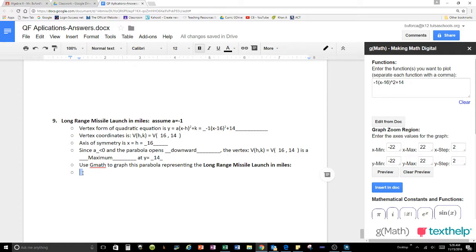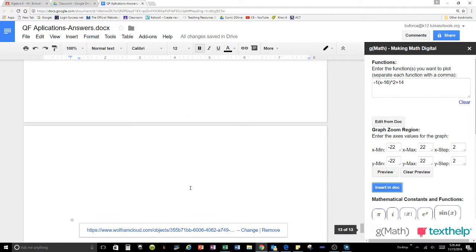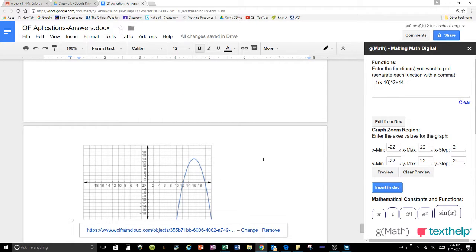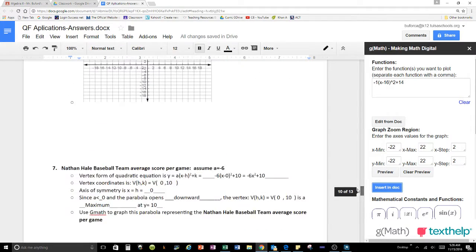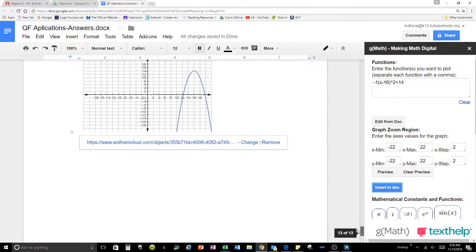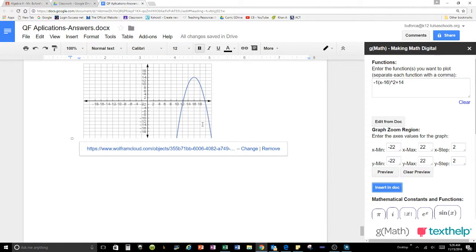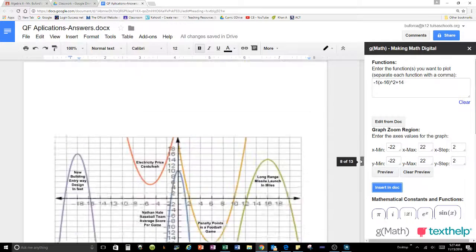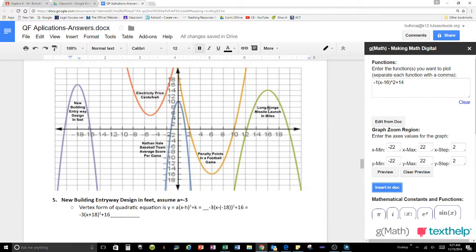Make sure the cursor's in the right place, hit insert in document, and that's it. We're done, guys. See, that's our parabola. Looks just like this here, the long-range missile.